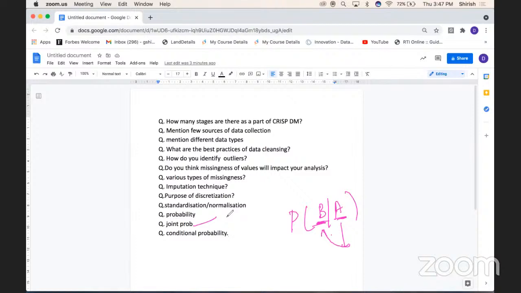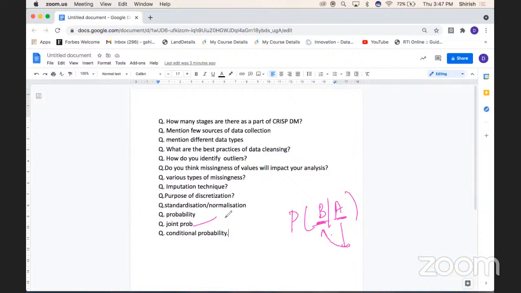Both the events are occurring at the same time, and you call it joint probability. It's a situation where more than one observation can occur at the same time.